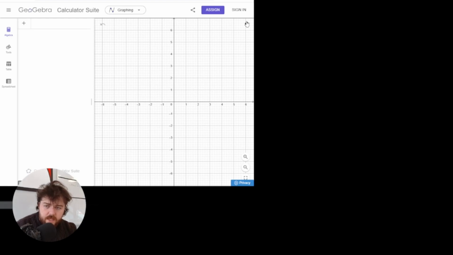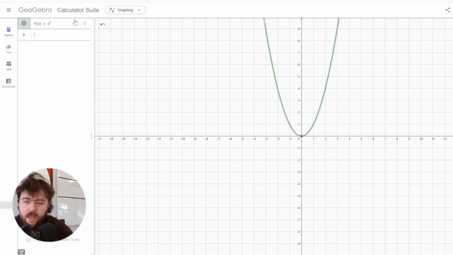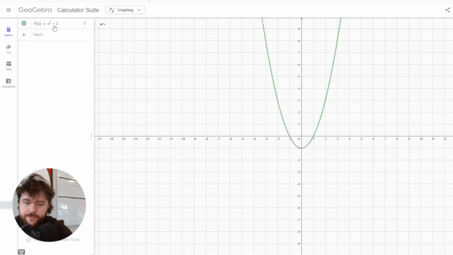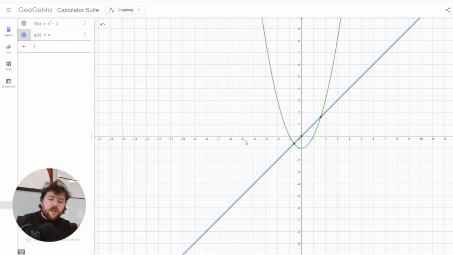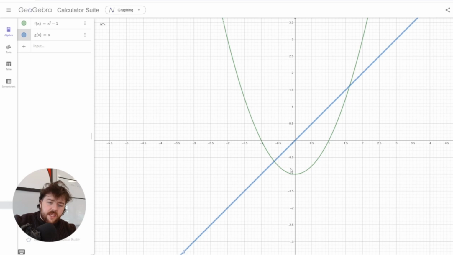So here's GeoGebra. Say I have x squared minus 1, and then I just have the function x. I'm asked to find the area between these two curves.